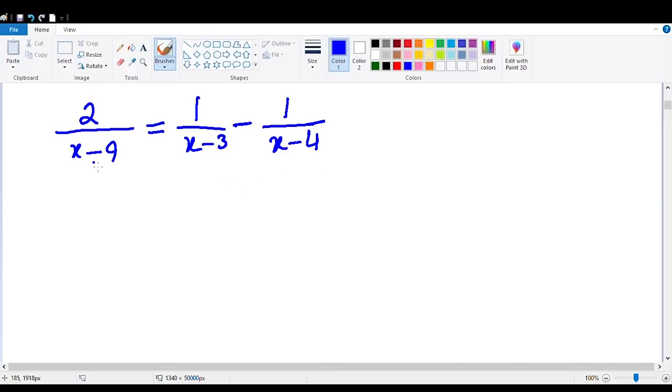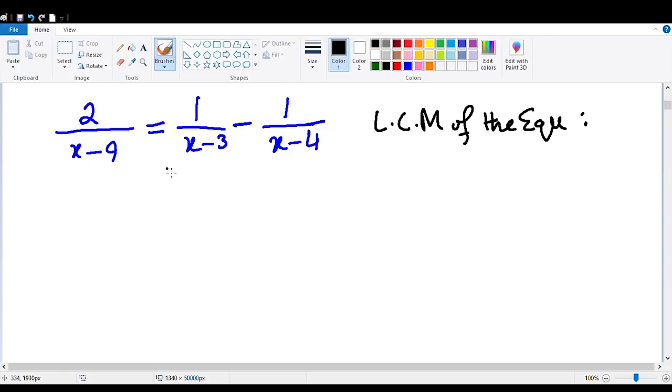Or we can take the LCM of the whole equation, which is basically the product of all the denominators. You multiply it with everything, and you'll get rid of the fractions all at once.